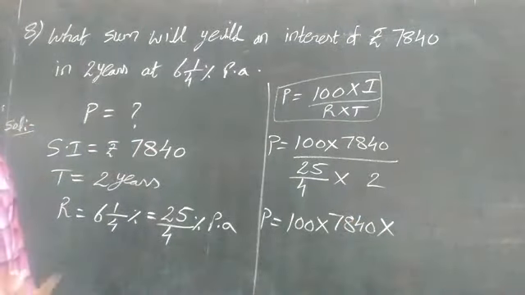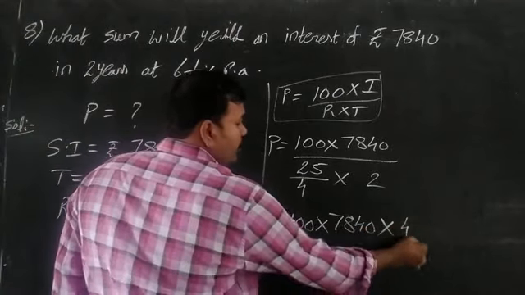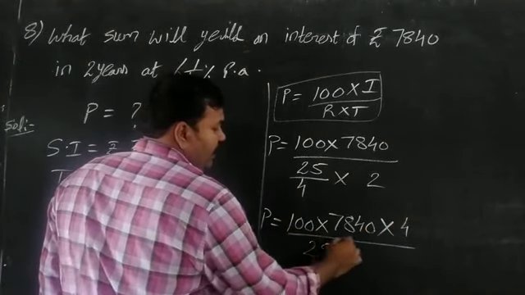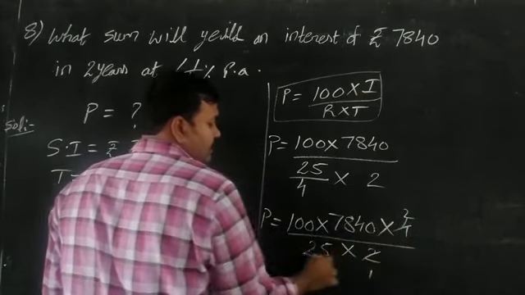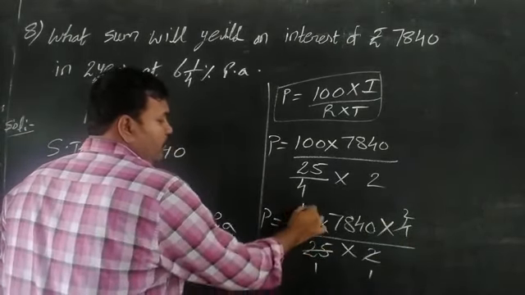The denominator 4 comes to the numerator: 4 by 25 into 2. 2 table, 1 time, 2 times. 25 table, 1 time, 4 times.